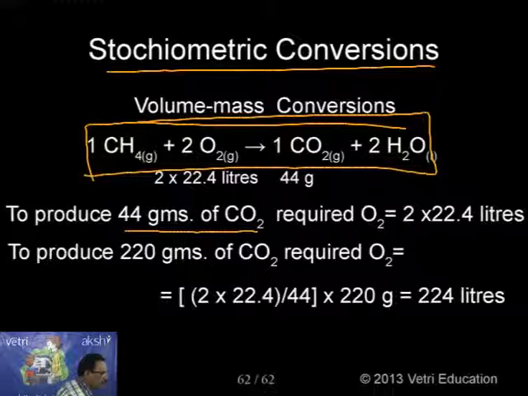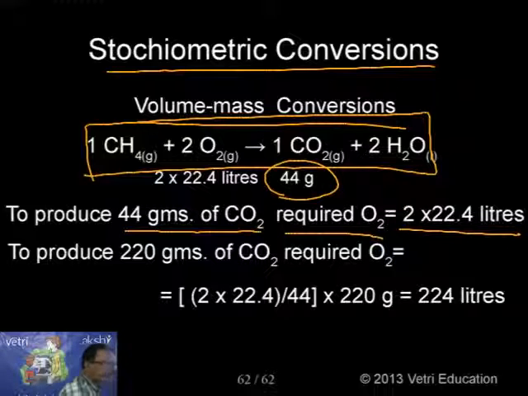To produce 44 grams of carbon dioxide, 44 is nothing but the molecular mass of carbon dioxide: carbon 12 plus 16 plus 16 for oxygen, so totally 44. So 1 mole equals 44 grams or equals 22.4 liters, and anything we can get from the mole information. To produce 44 grams of carbon dioxide, required oxygen equals 2 into 22.4 liters.